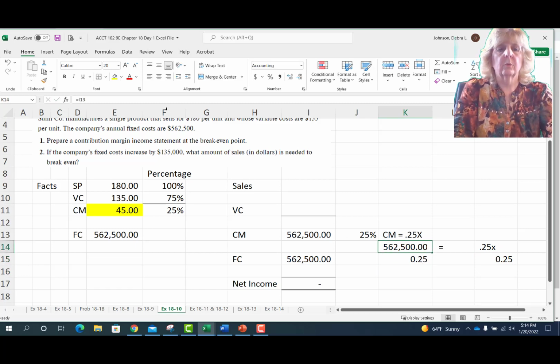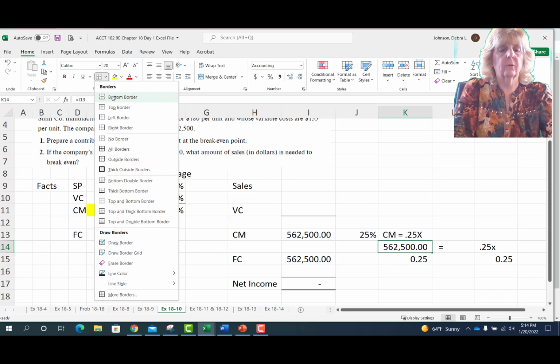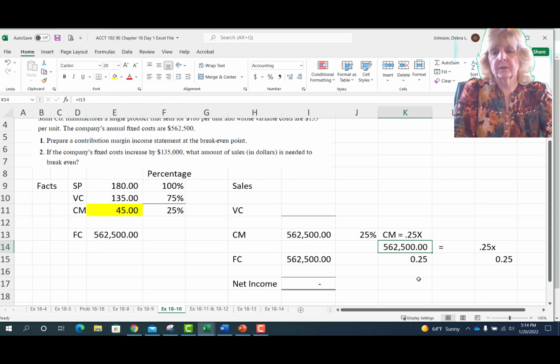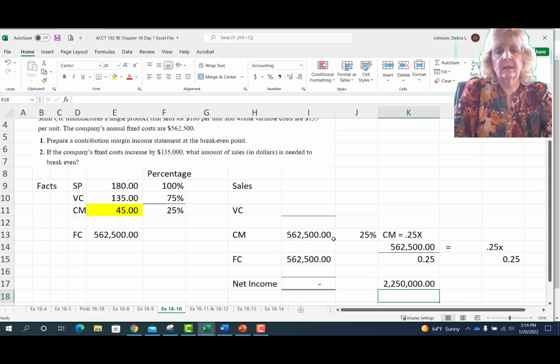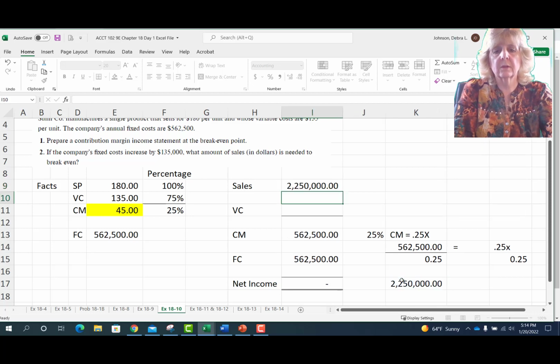What I'm left with at that point is a formula for sales that I can easily calculate. So let me go ahead and do that. Sales at that point would have to be 2,250,000, which, by the way, matches the answer we got in the previous problem.